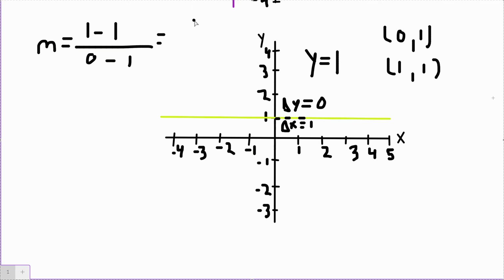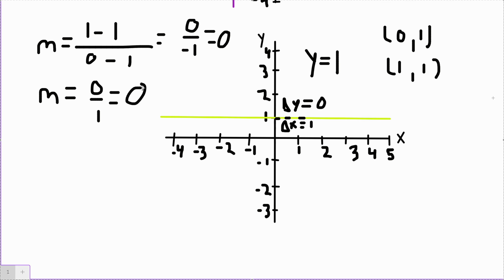So then it's 0 over -1, which equals 0. And this is also delta y over delta x, so 0 over 1, which also equals 0.